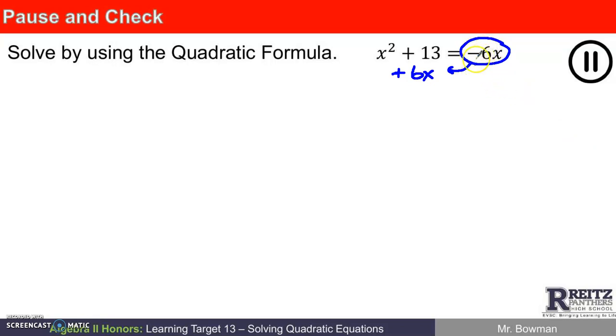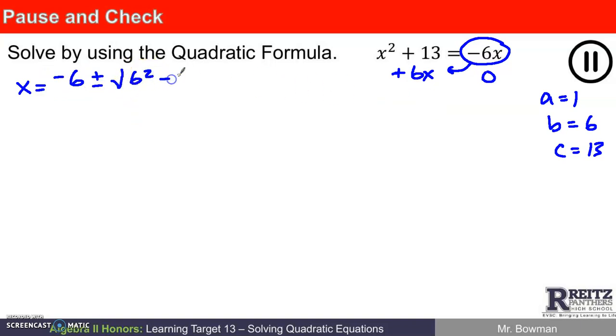If you moved this negative 6x to the left side and made the right side 0, then a is 1, b is positive 6, and c is 13. So the quadratic formula says x equals the opposite of b, negative 6, plus or minus the square root of b squared minus 4 times a times c, all over whatever 2 times a is.